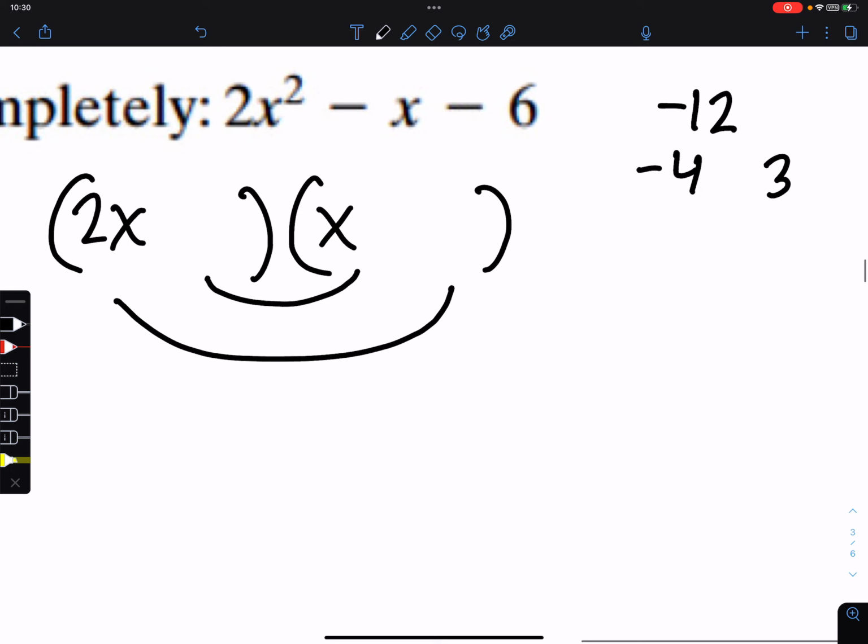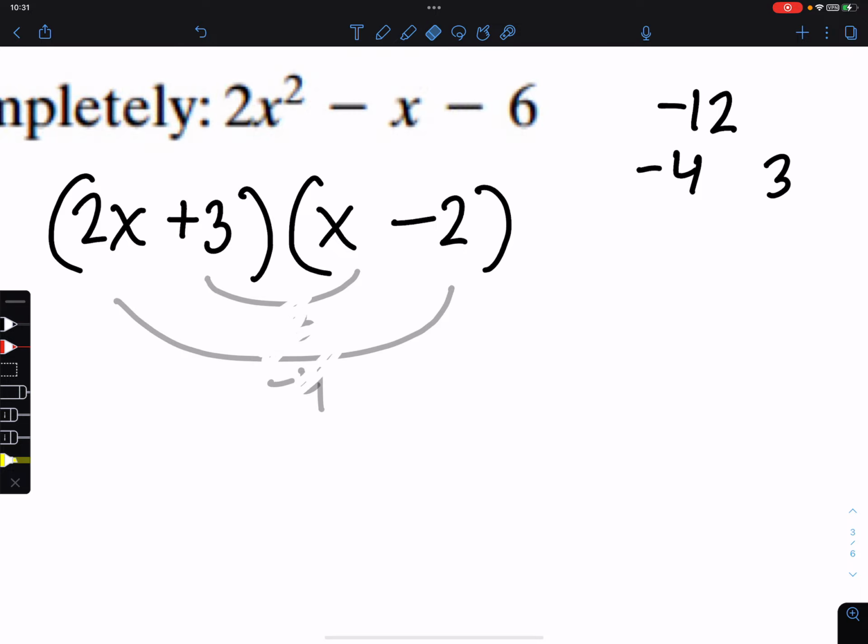And then 2x times something will always be even. So this will come out to -4, and then this will be 3. 2x times something equals -4. Well, this has to be -2, and x times blank to give me 3x. Well, this also has to be a 3. So yeah, that's another way you could factor it.